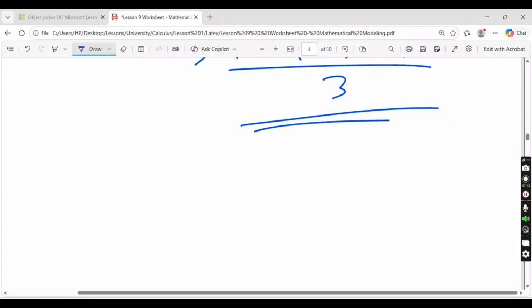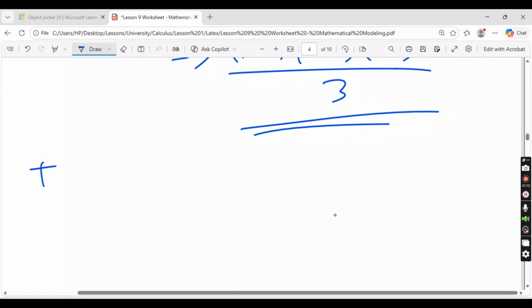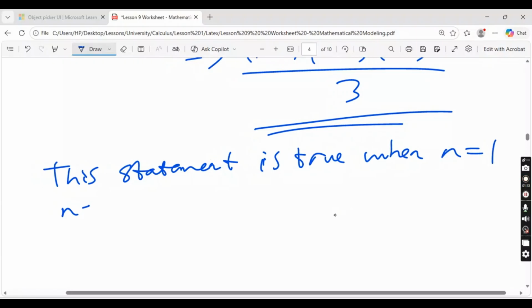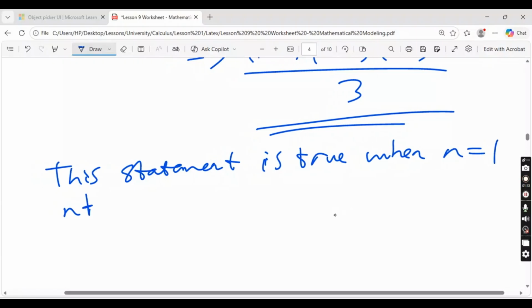Okay, so what do we write now? Then we write the statement is true when n equals 1, n equals k, and n equals k plus 1. Right.